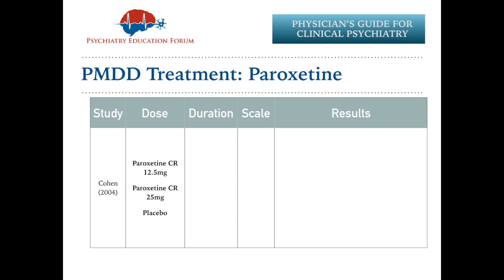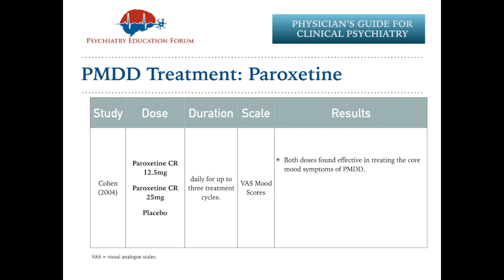They used 2 dosings here, 12.5 milligram and 25 milligram, with placebo. Here, patients received daily dosing, not the luteal phase, but daily dosing for up to 3 treatment cycles. They used the VAS scale, Visual Analog Scale, for mood scores.